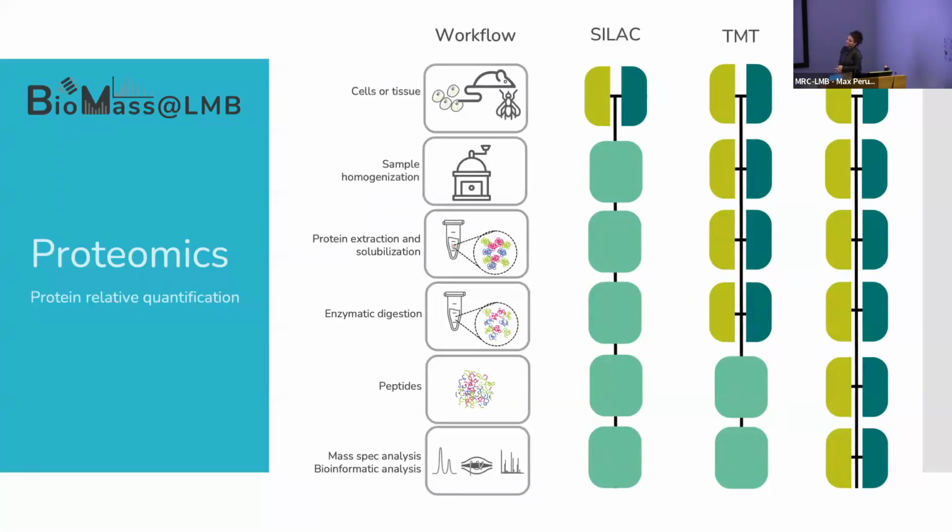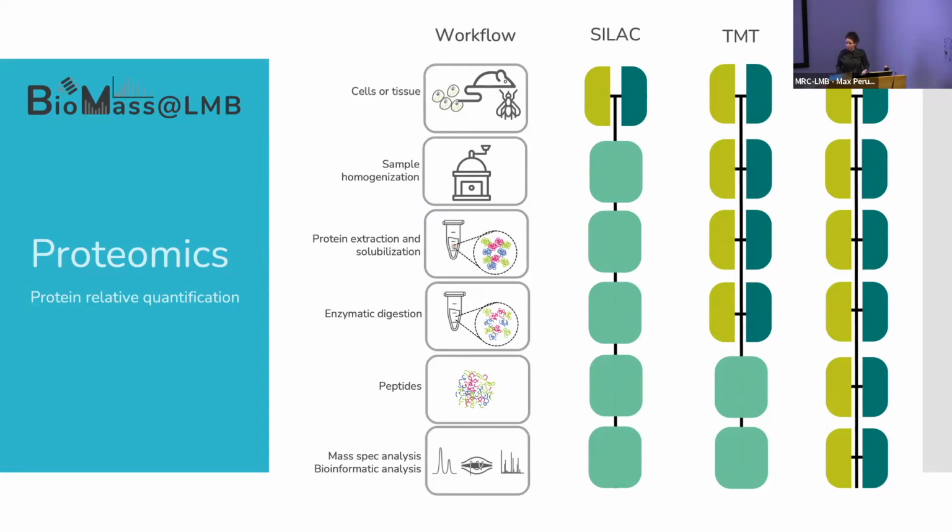Relative protein quantification can be done either in a labeled way or in a label-free way. I'm going to explain both, because that's what we do in the lab. In labeled quantification, you can use metabolic labels, which are introduced really early on in your workflow.